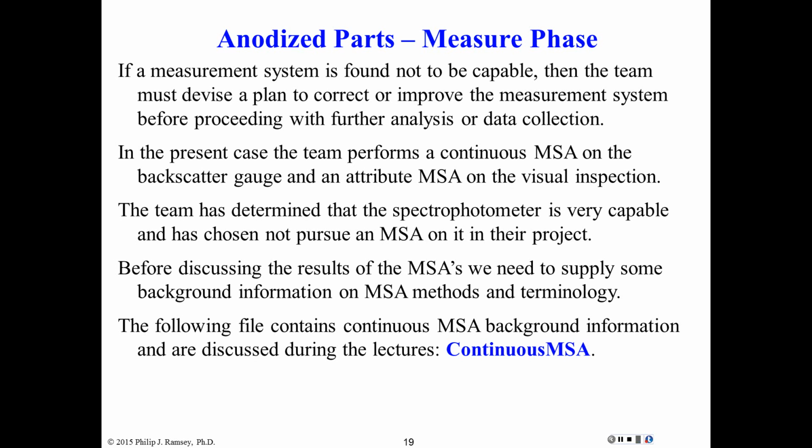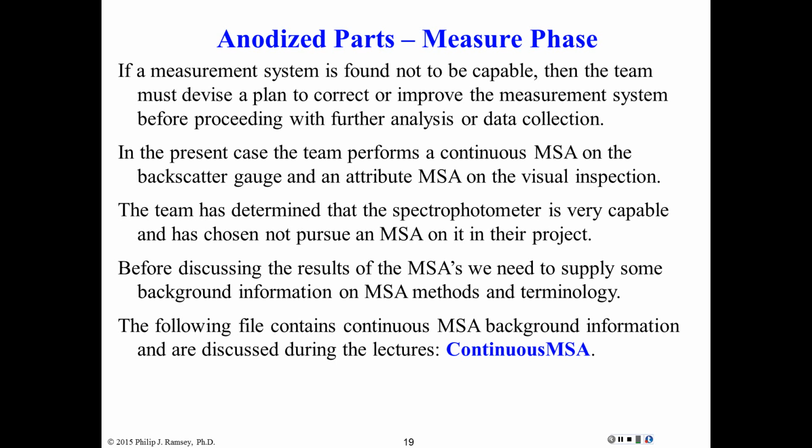So what we need to do is go forward with some MSAs. By the way, the team had looked at the spectrophotometer quite a number of times and determined that it was capable for what it does, and they elected not to pursue any further evaluation of it. However, they did want to look at the backscatter gauge, and they did want to check the capability of the visual inspection.